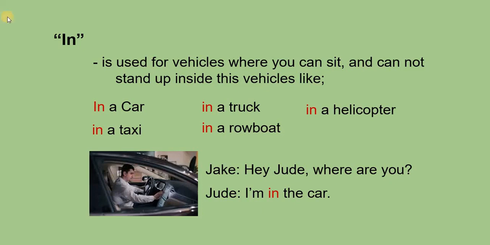Like, for example, in a car, in a taxi, in a truck, in a rowboat, in a helicopter. So, guys, again, in is used for vehicles where you can sit and cannot stand up inside these vehicles.